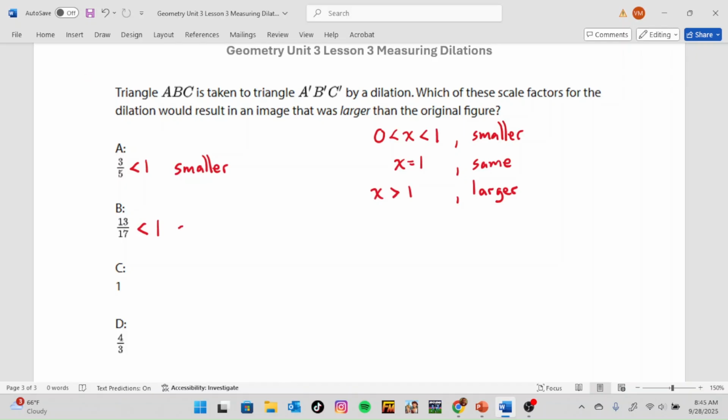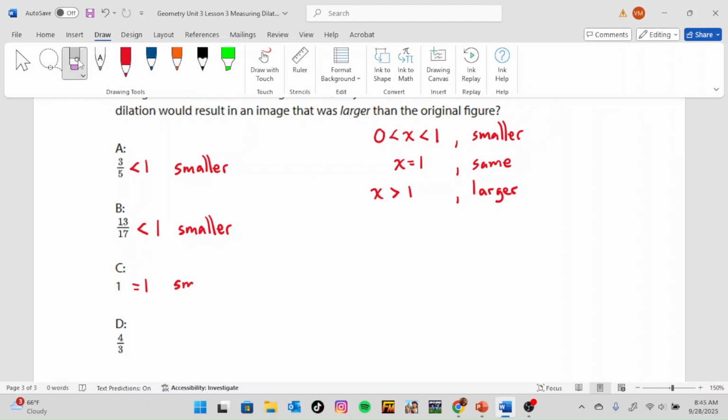So this is going to get smaller when we multiply. Choice C, 1 equals 1. Anytime I multiply by 1, my answer stays the same.